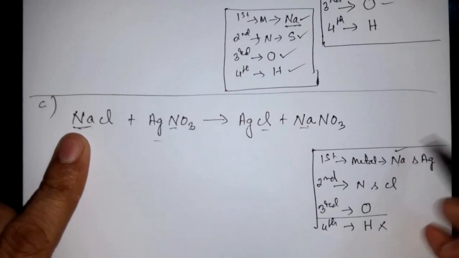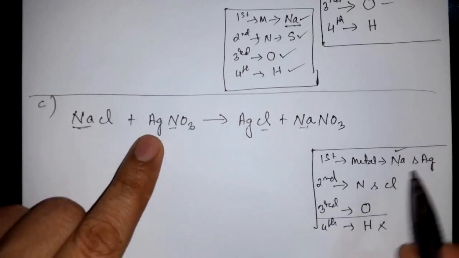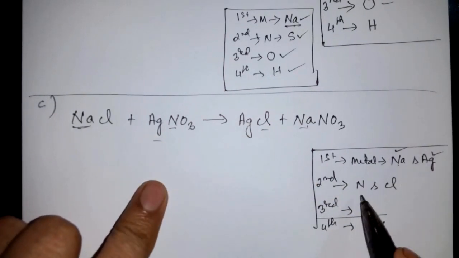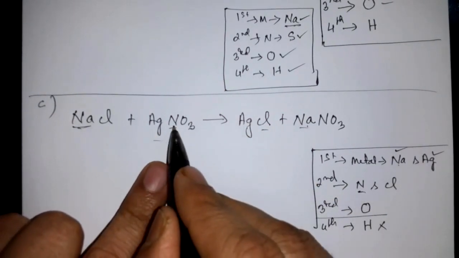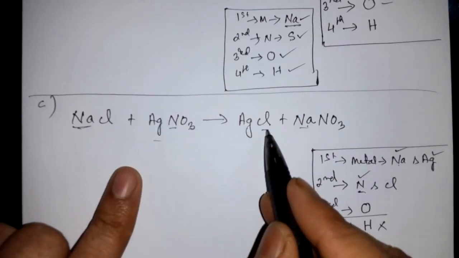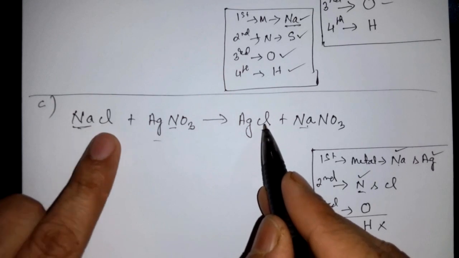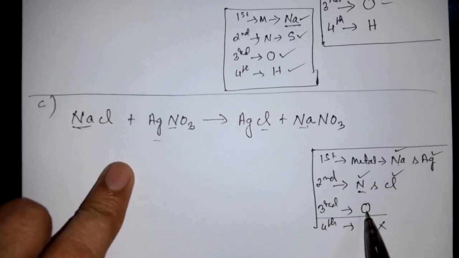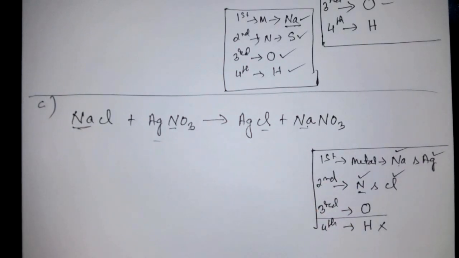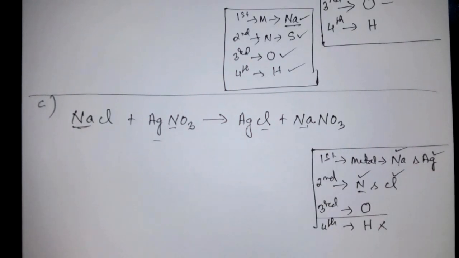Sodium, fine. Then silver, no number means 1, this also silver, fine. Next nitrogen, this nitrogen is 1 and this nitrogen also 1, fine. Chlorine, both are 1, 1, so chlorine also fine. Oxygen, this oxygen is 3, this also 3.